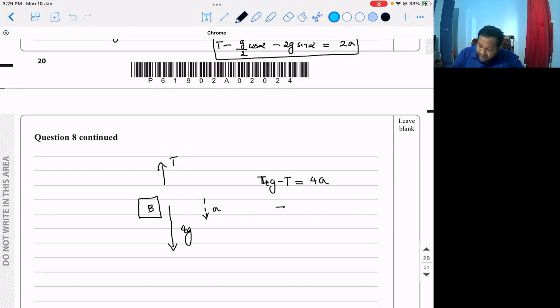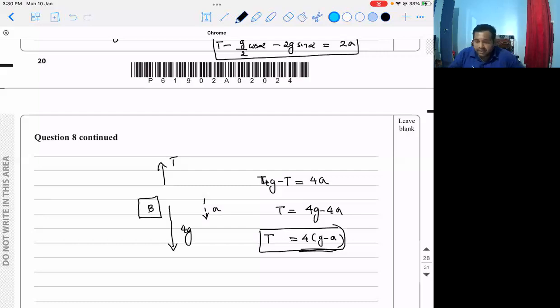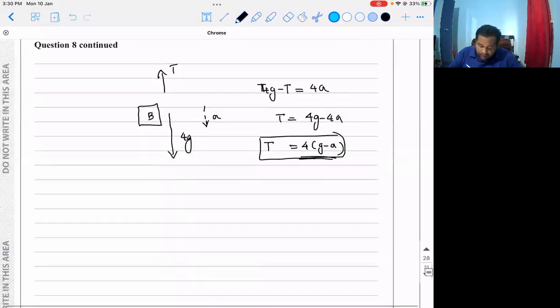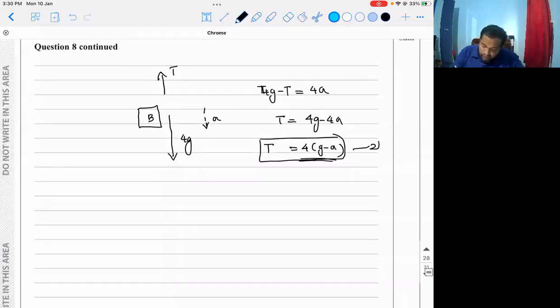Or we can say the value of tension is T equals 4 times g minus a. Then this is equation number 2.